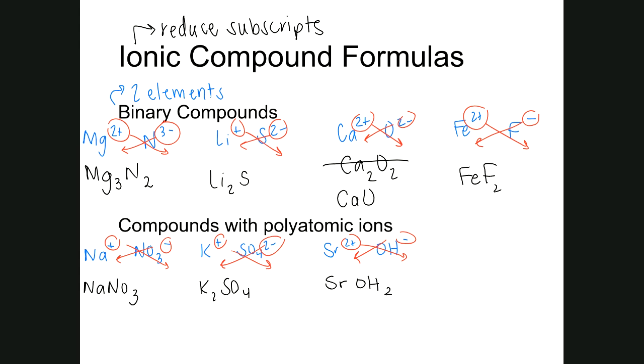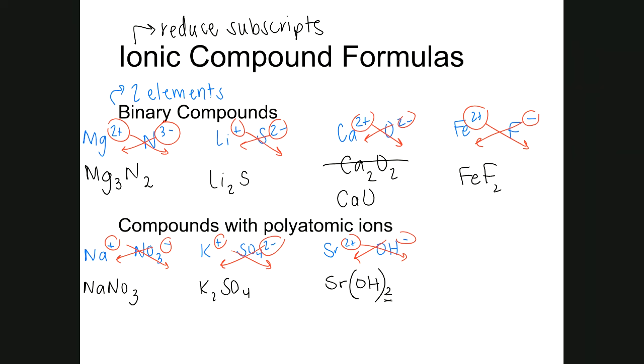So when we're adding a new subscript to a polyatomic ion, we have to put the polyatomic ion in parentheses. So one more time, when we are adding a subscript to a polyatomic ion, we have to put that polyatomic ion in parentheses. So let's try one more with the parentheses method.